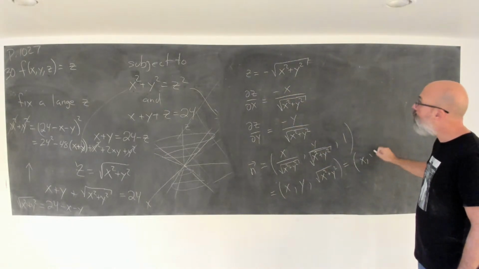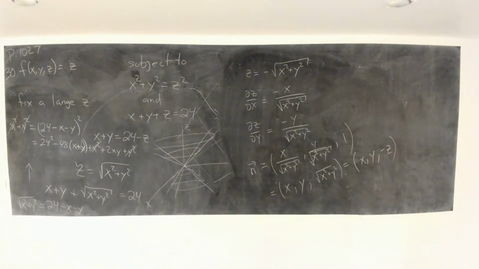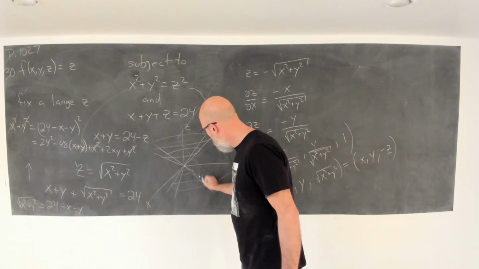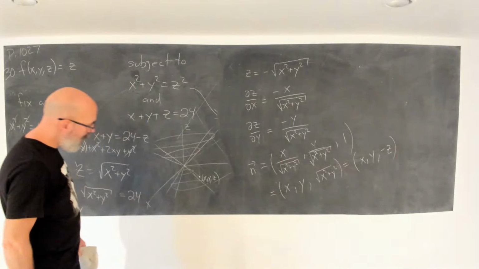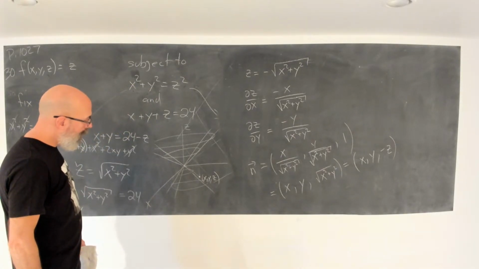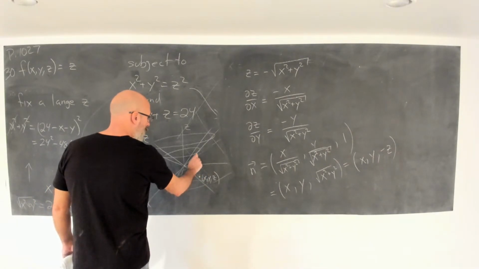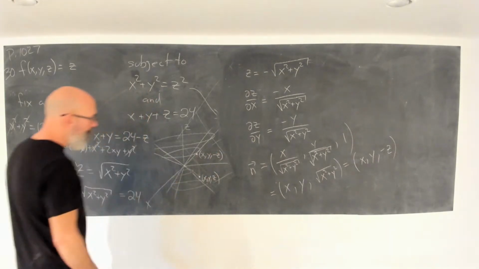So this is xy minus z. So at any point x, y, z, the tangent plane is going to be pointing in the direction of x, y, minus z.